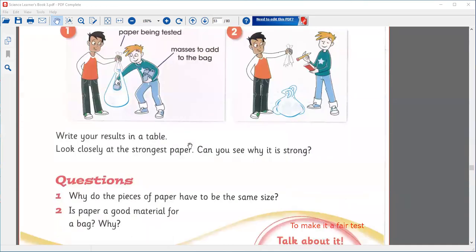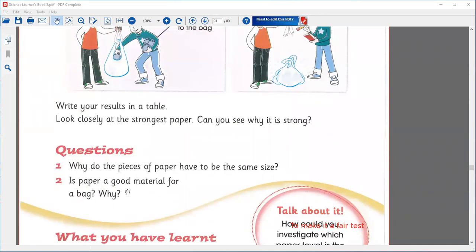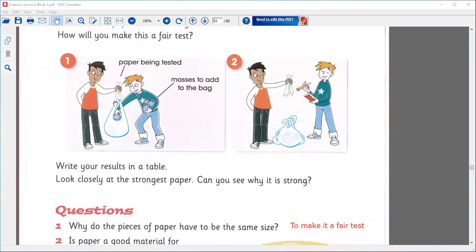The next question: is paper a good material for a bag? This paper, or the different papers we are using, is it good for a bag? You can write here no, because if we are using a paper bag, first, it is not strong. And the second, it can get wet. If you put anything like water in it, it falls down. So your paper is destroyed, and you cannot put a mass of more than half or 1 kg because it's not so strong.